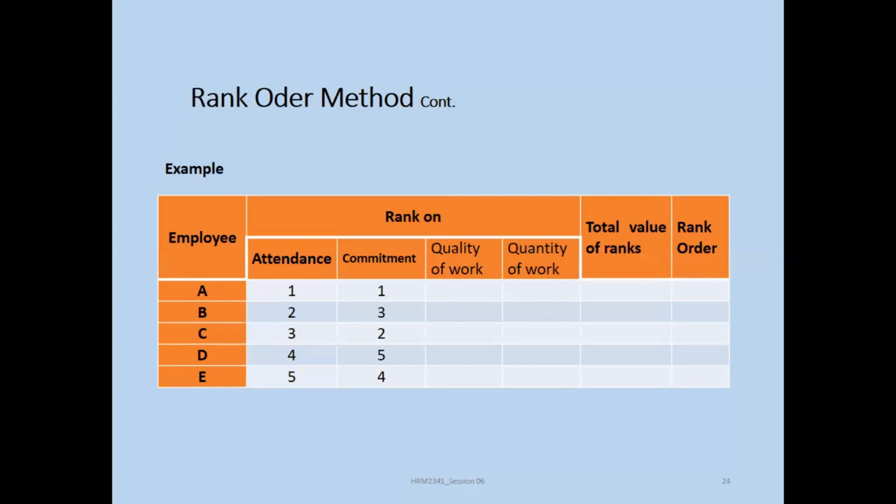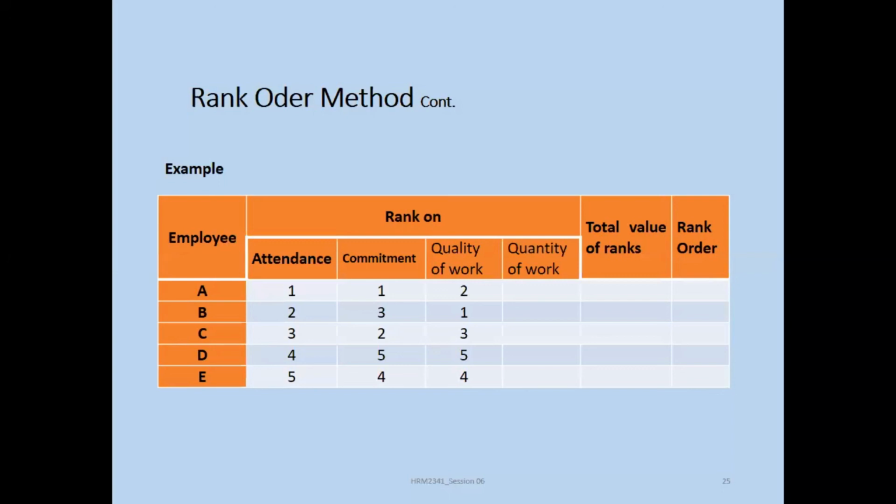On the second criteria, commitment, we can rank. On commitment also, the best person is employee A. The next best person is employee C. The next best person is employee B, and then E and D. When we move to the quality of work, we can rank employee B as the best person on quality of work.